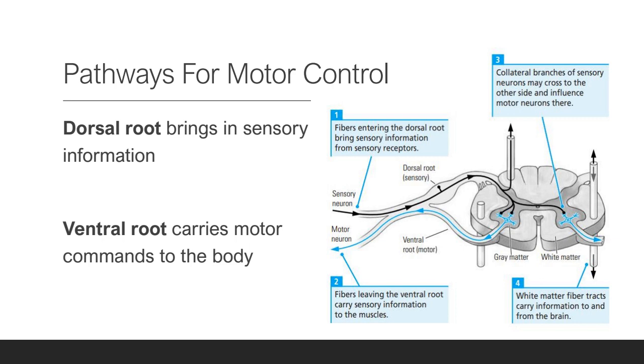These also form another collection of fibers that are known as the ventral root. So this is the ventral root. This is the dorsal root bringing in sensory information, and the ventral root bringing those motor signals down from the brain, out through the spinal cord, and then out through the body.